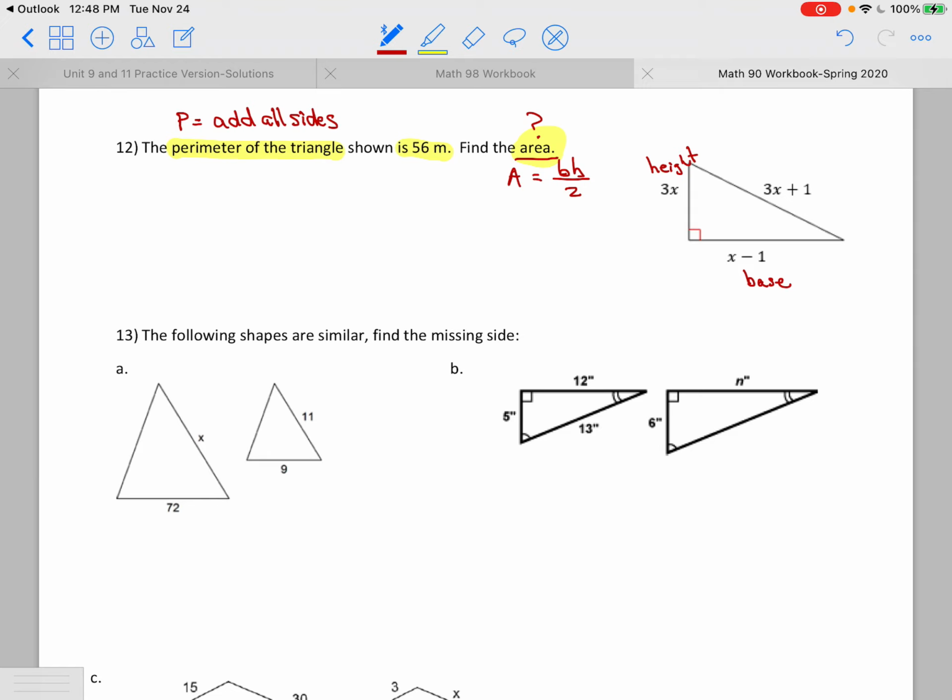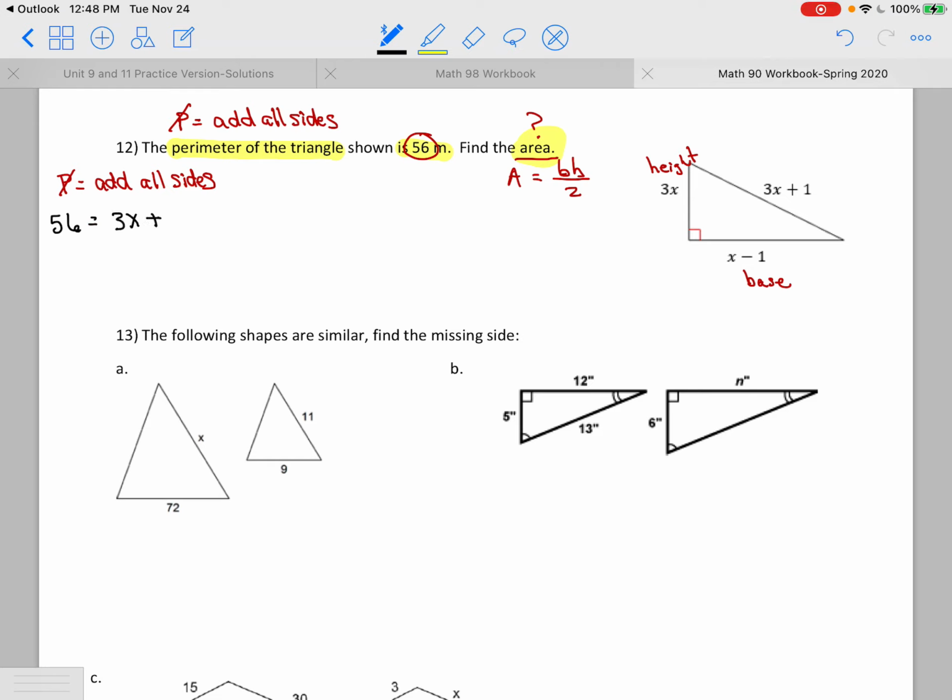If we know that our perimeter is adding all sides, then I'm going to put my perimeter. I already have my perimeter measurement here, right? So I'm going to rewrite this though because it just feels more algebraic. Add all sides. All right, perimeter is 56, and that is going to equal 3x.